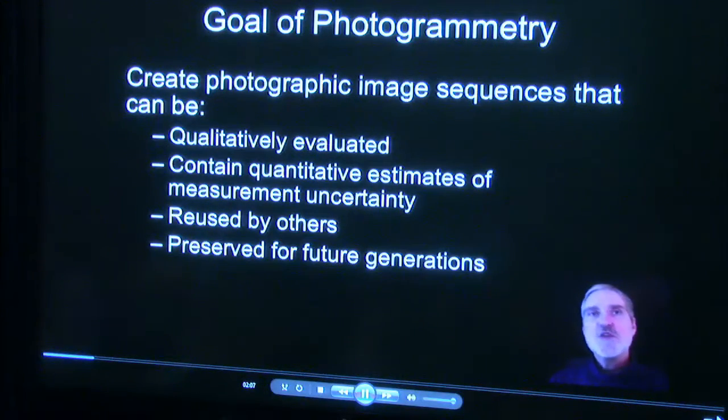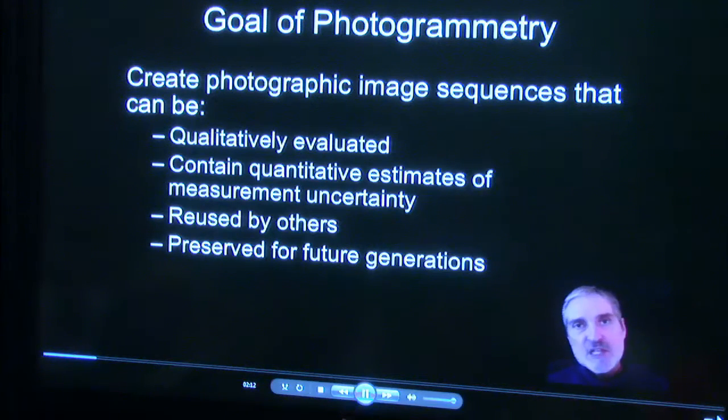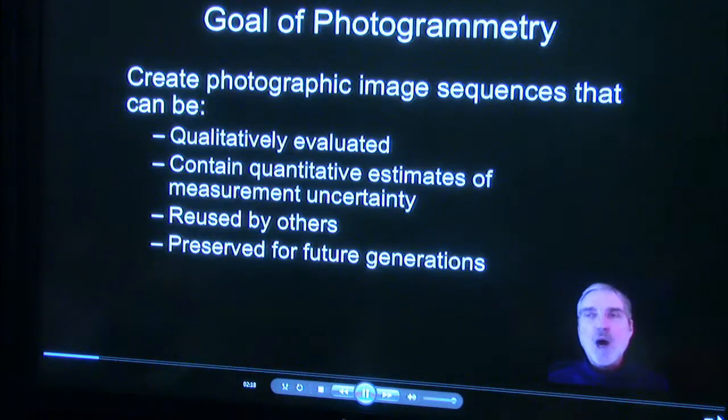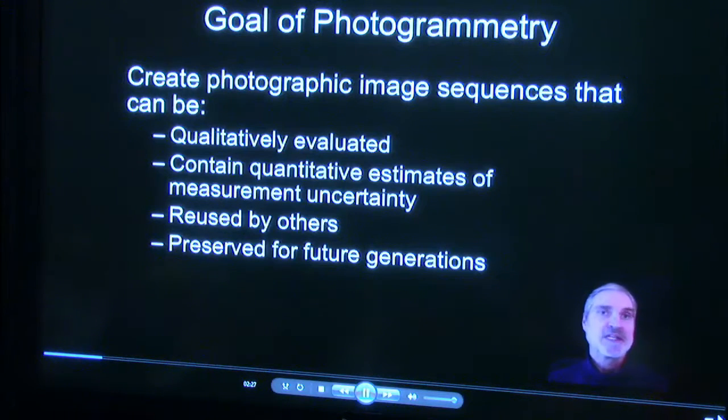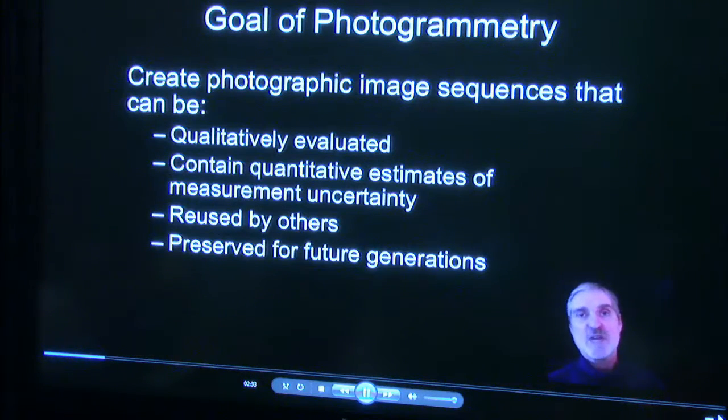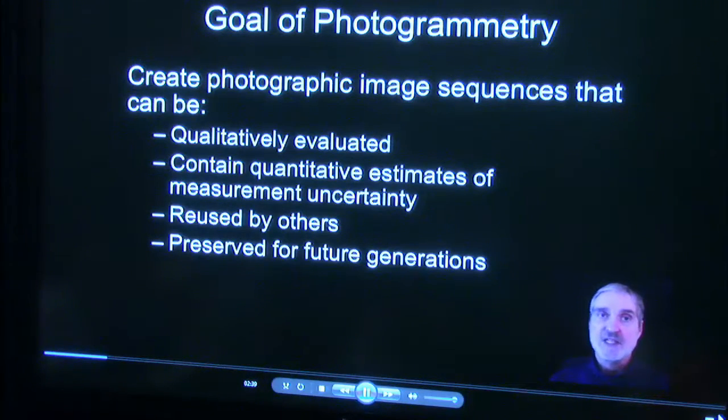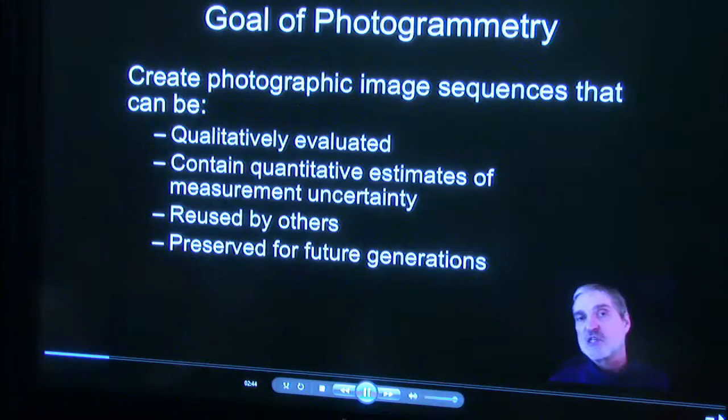Okay, so when we do photogrammetry, our goal is to capture photographic image sequences in a way that can be qualitatively evaluated, which means other people can judge for themselves the usefulness and reusefulness of this data for their purposes, contain quantitative measurements of the uncertainty of the point locations comprising the photogrammetric surface of 3D material, and we want this preserved for future generations.